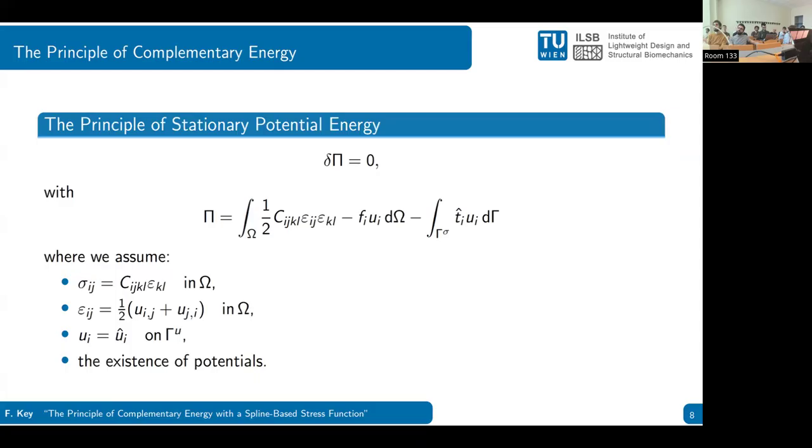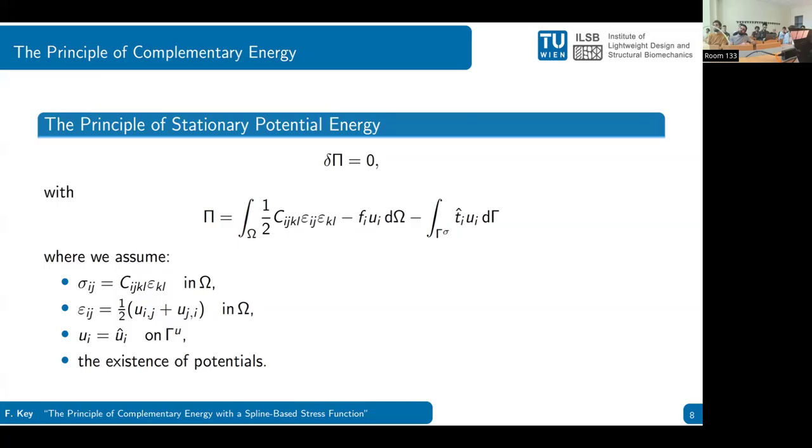For the principle of stationary potential energy, we just denote the potential energy by this pi. When we put it to 0, we just have the terms from the previous slide as before, and we assume that the constitutive law, so the relation between stress and strain, already holds, that the strains are given by the derivatives of the displacement, and that the displacement boundary conditions are fulfilled.